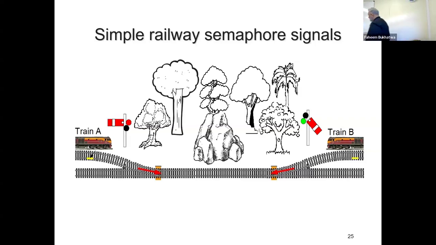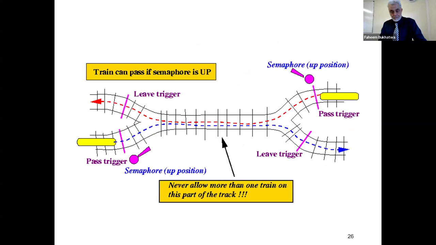In the older days, they used those handles. So if the handle goes up in front of the train, that means stop, and if it goes down, that means you can go, clear to go. And then red and green lights were introduced. This can be an issue in so many other ways.